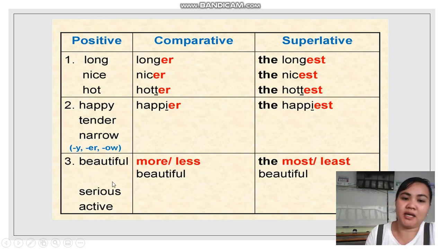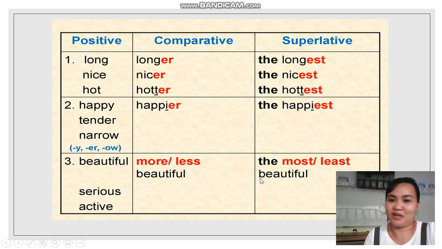And for beautiful, we can use more and less. And for the superlative, we can use most and least. We cannot say beautifuler, and we cannot say beautifulest. So we're just going to say my mother is beautiful, but her mother is more beautiful than my mother. But his mother is the most beautiful of them all.